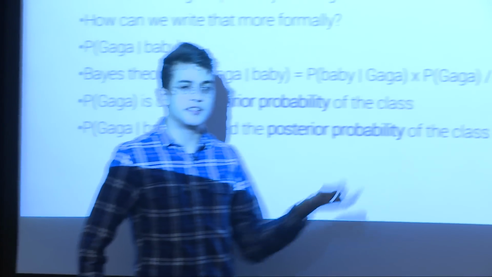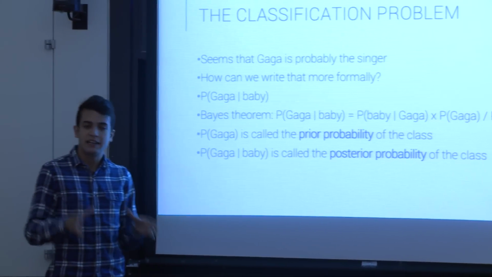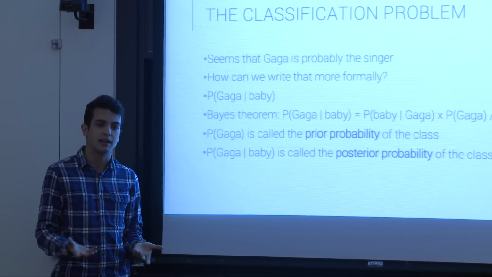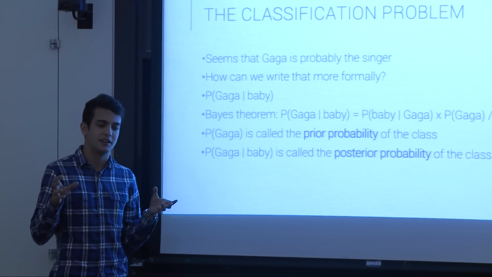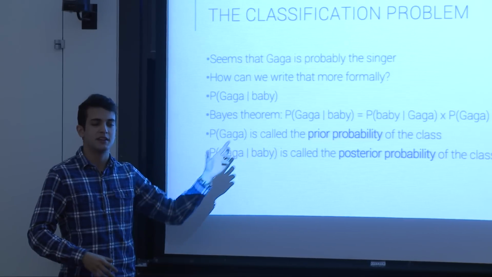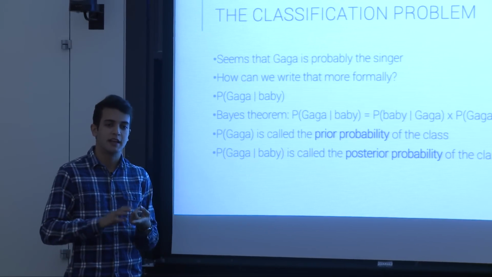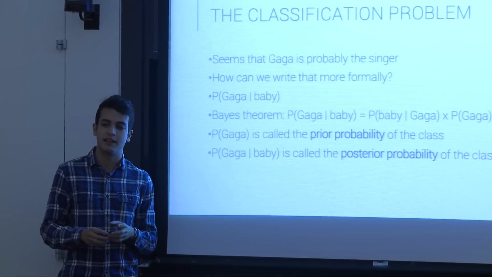The second term is the probability of Gaga. What does that mean? That basically means what is the probability of classifying some lyrics as Gaga? That is kind of weird, but let's think of an example. Let's say that the probability of having baby in a song is the same for Gaga and Britney Spears, but Britney Spears has twice as many songs as Lady Gaga.